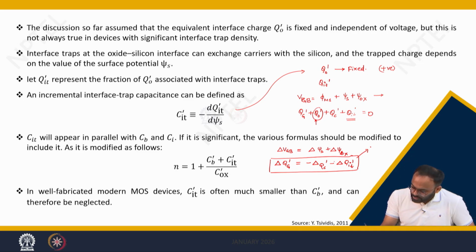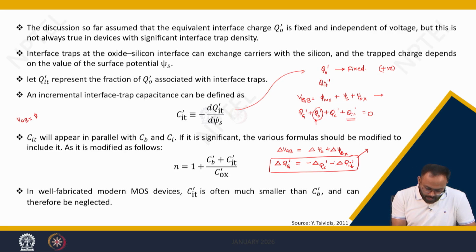So, if you rewrite this potential balance equation and charge balance equation, you will come to VGB is equal to phi ms plus psi s plus Qg dash divided by Cox dash. So, I replace this psi ox by Qg dash by Cox dash, and now it can be written as phi ms plus psi s minus Qc dash minus Qit dash divided by Cox dash.